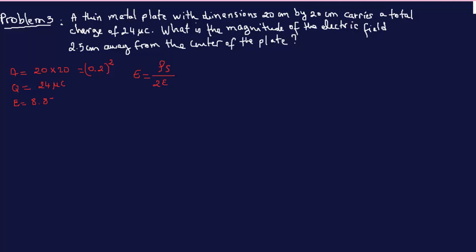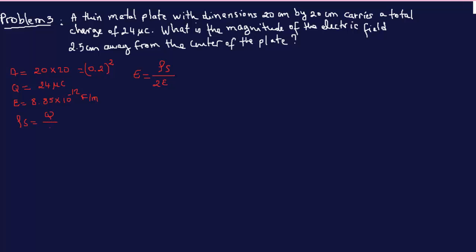So E is equal to rho S over 2 epsilon. I do know epsilon, and that's 8.85 times 10 to the power minus 12. I don't know what rho S is, and I'm going to get that from the given values and the area.